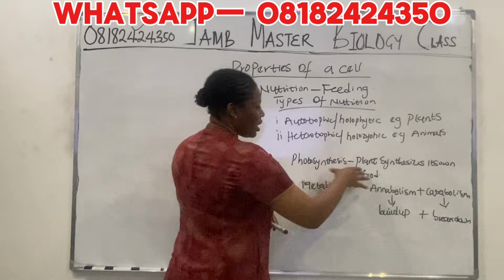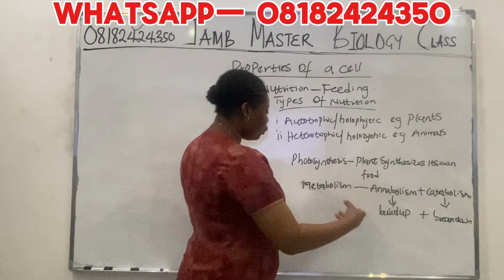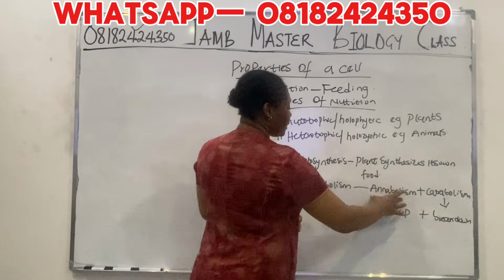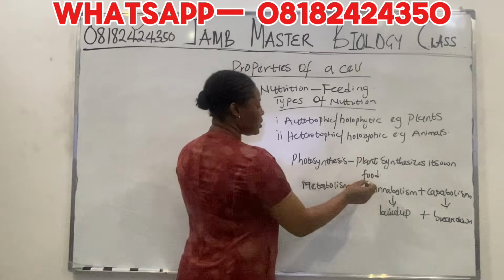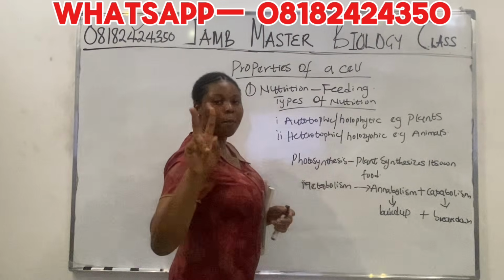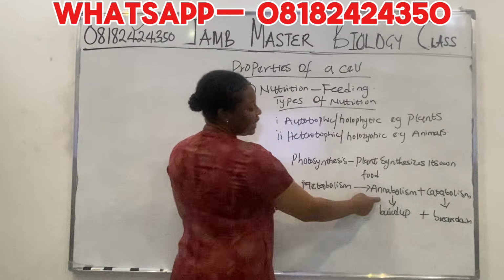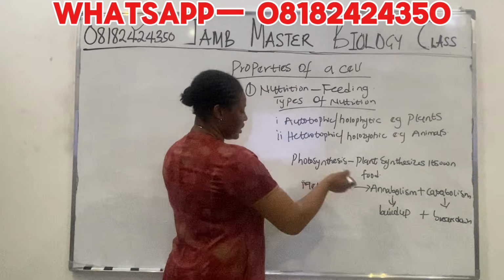So plants carry out photosynthesis to be able to produce their own food, and it is characterized under anabolism. And anabolism is under metabolism. So metabolism is a composition of two mechanisms, which is anabolism and catabolism.